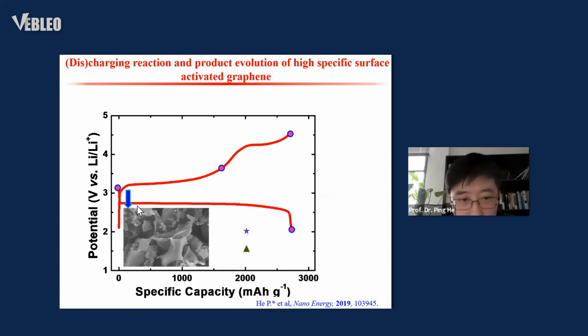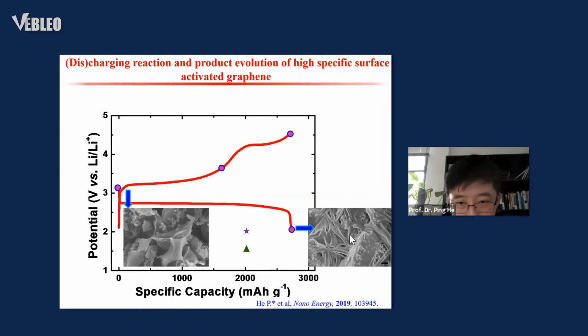So this one is this picture, and after discharge, the morphology of the cathode is this SEM picture.